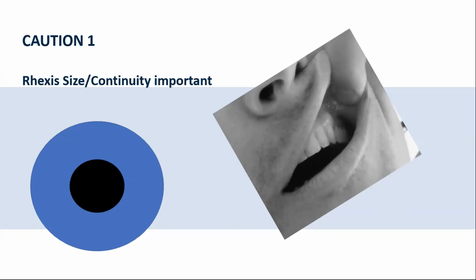Usually, a continuous rexis without any notches won't ever break. I did almost 2,000 implants of CTRs, and I have never had a tear in the anterior rexis during the implantation. But just to prevent, have in mind that if you're going to implant a large CTR like a 14 millimeter, better to do a larger rexis in order to make your implantation easier.